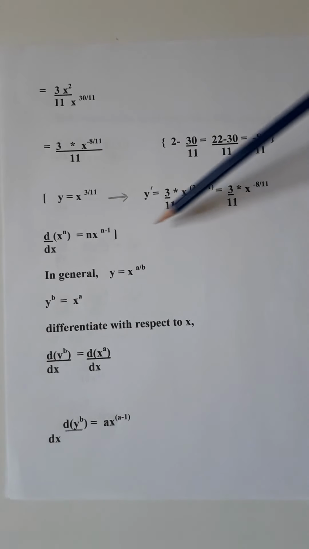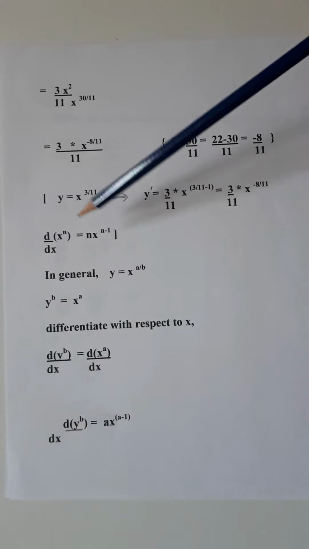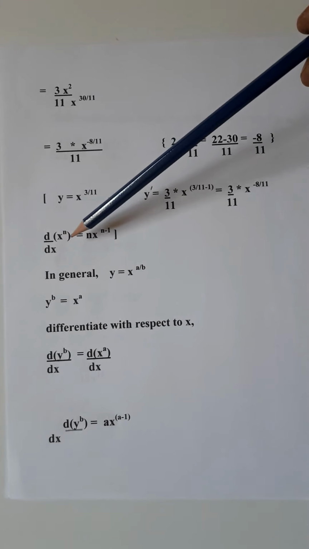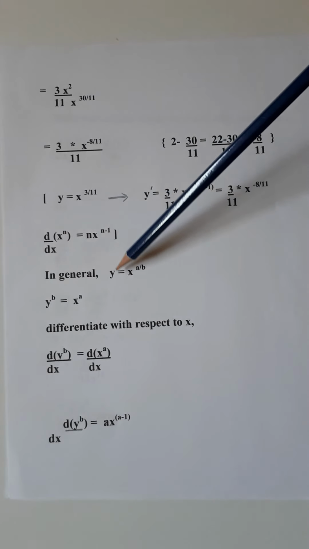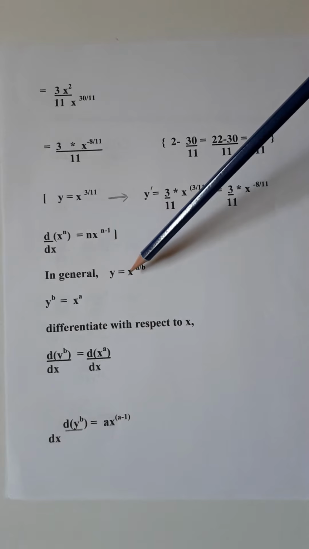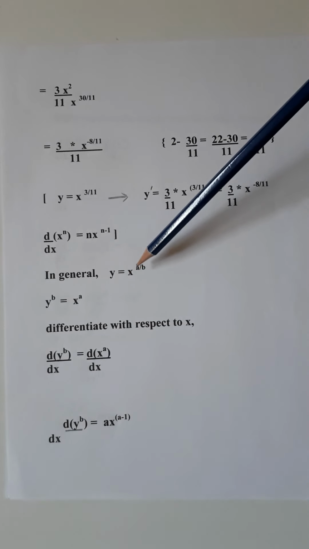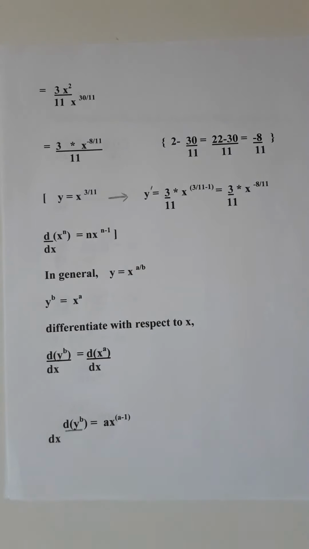Now we are going to show the same thing in general. Instead of taking a specific number, let's call it n. So in general we call it x to the power a over b, where a and b are integers.